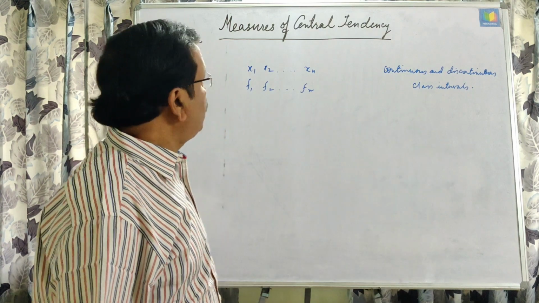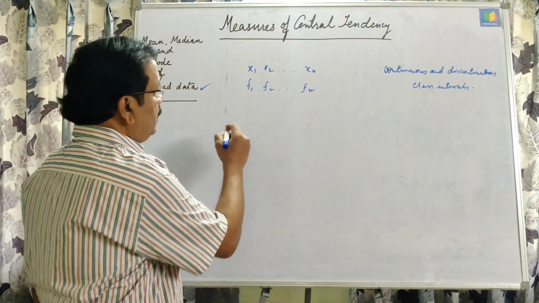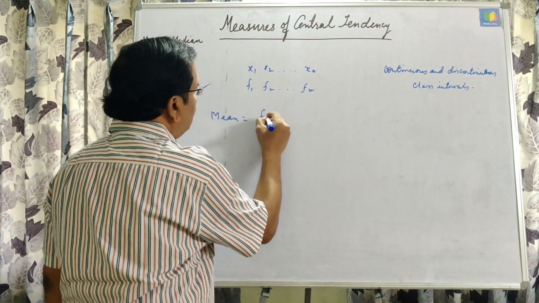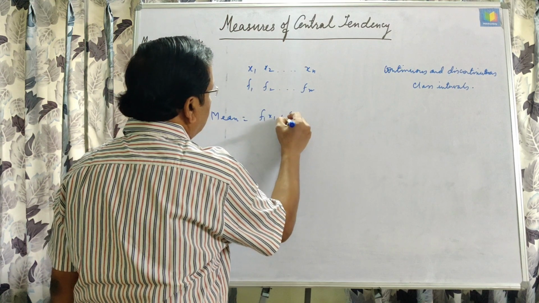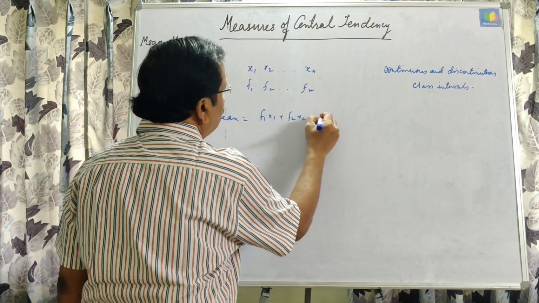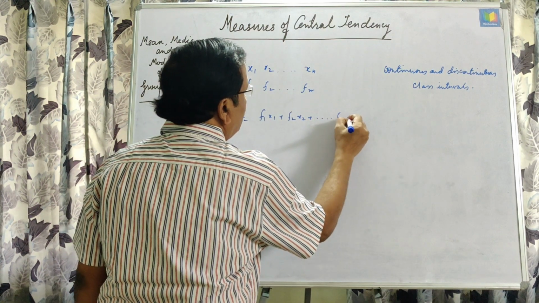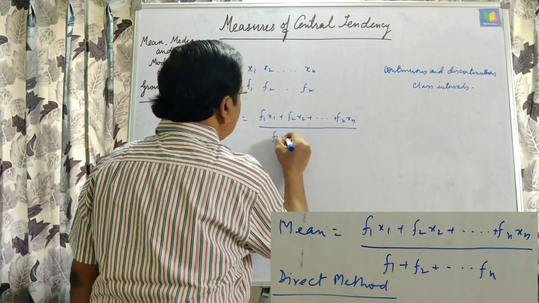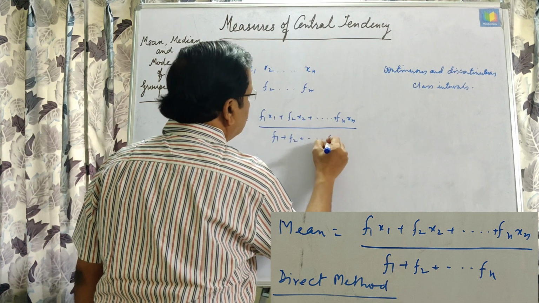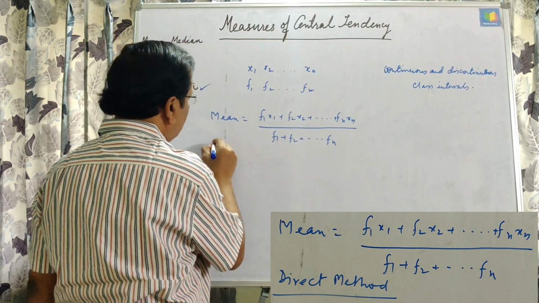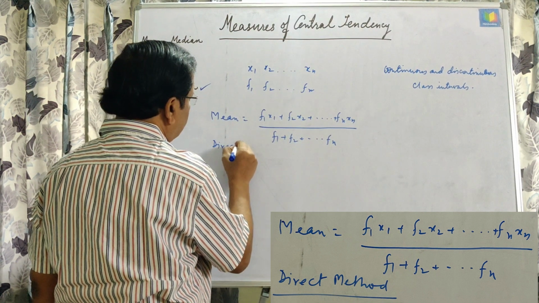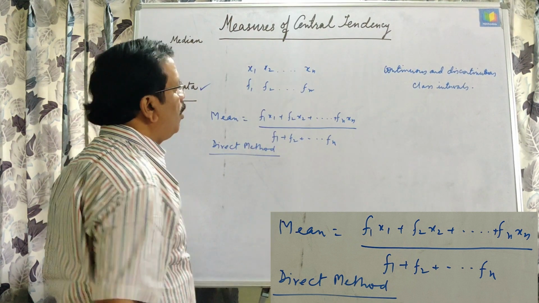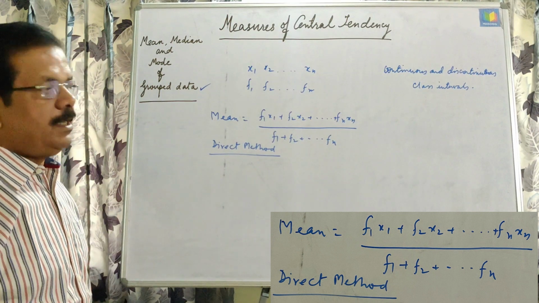Now let us start with mean. In this case, mean is equal to f1 x1 plus f2 x2 up to fn xn upon f1 plus f2 right up to fn. This is what we call the direct method of finding mean.